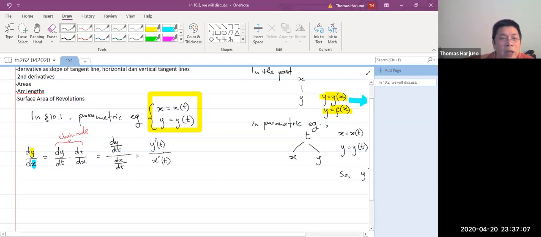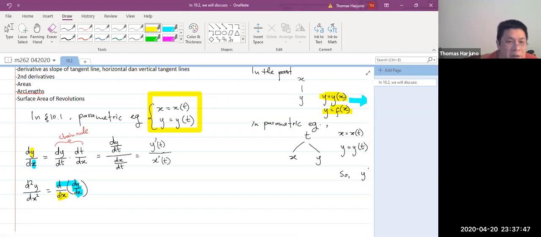Now, how about the second derivative? The second derivative of y with respect to x should be seen as the derivative of dy/dx with respect to x. But again, we have an issue with doing the derivative with respect to x, because our y is not a function of x. Our y is a function of t.